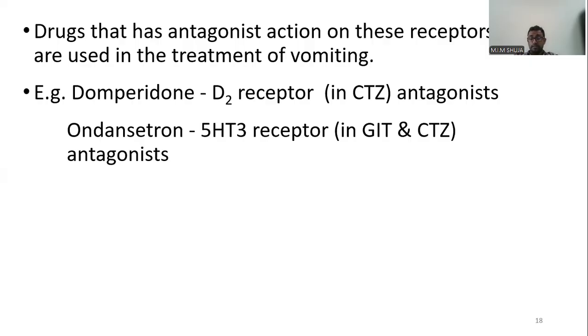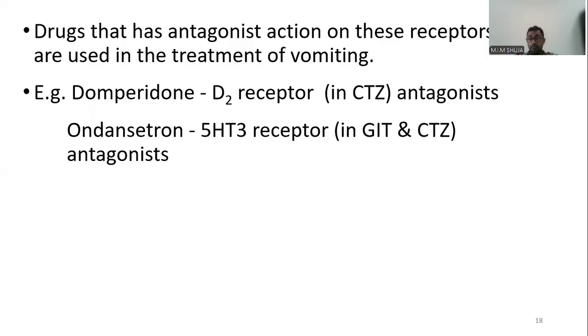The D2 receptors, 5-HT receptors, muscarinic receptors, and histamine receptors participate in different pathways. One example is domperidone. It's mainly acting as a D2 receptor antagonist. D2 receptors are found in the chemoreceptor trigger zone. So when the chemoreceptor trigger zone is stimulated by drugs, toxins, or metabolic abnormalities, it activates the vomiting center.